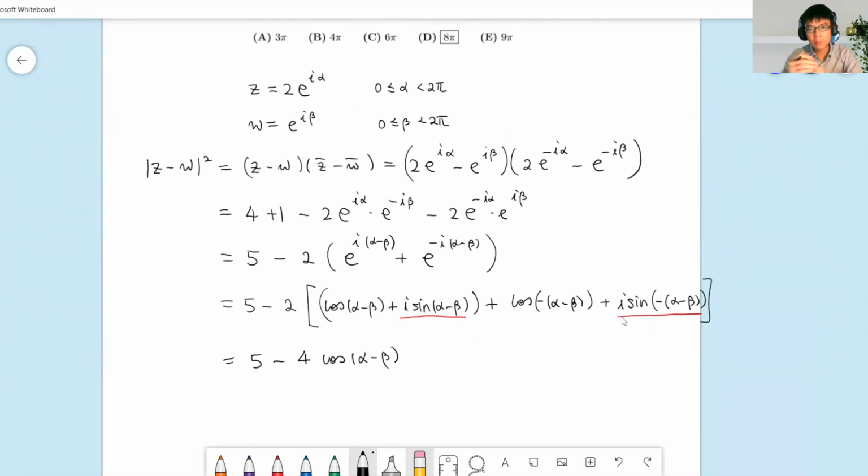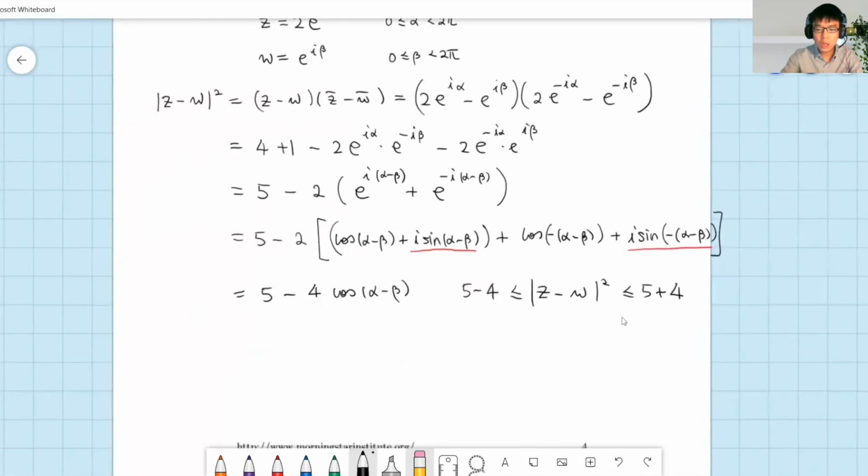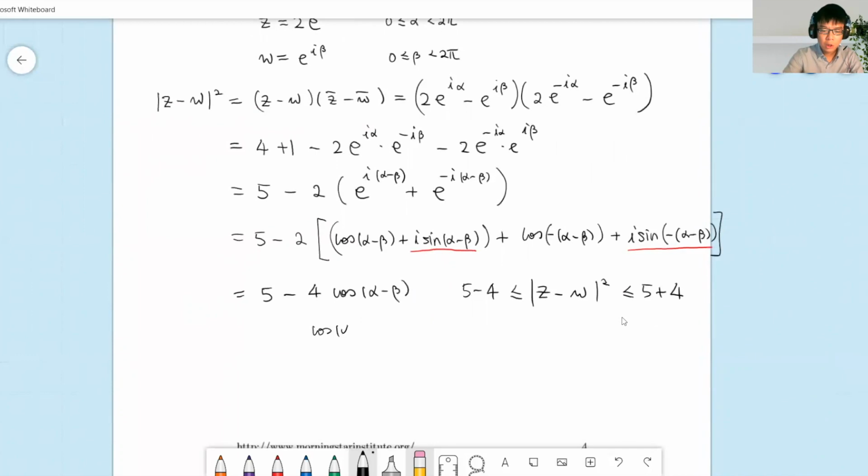And this shape is symmetrical in any direction because the angle could be any. So here we see that |z minus w| squared is always larger or equal to 5 minus 4, and less than or equal to 5 plus 4. The reason is that the cosine function is between minus 1 and 1.